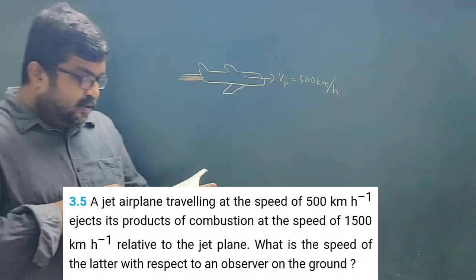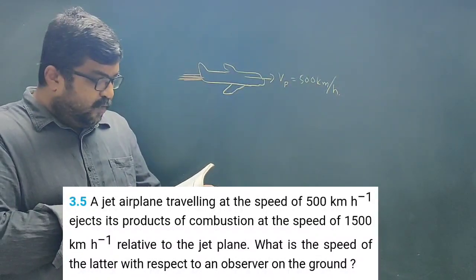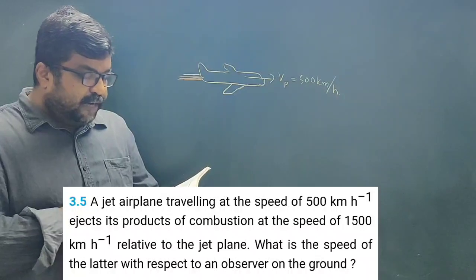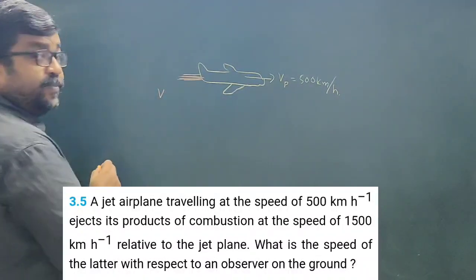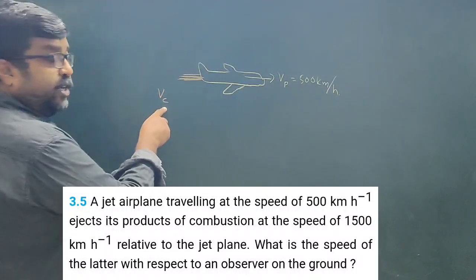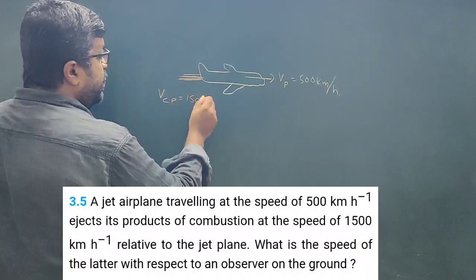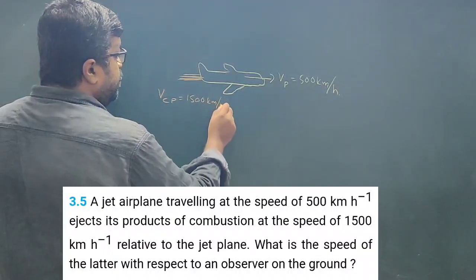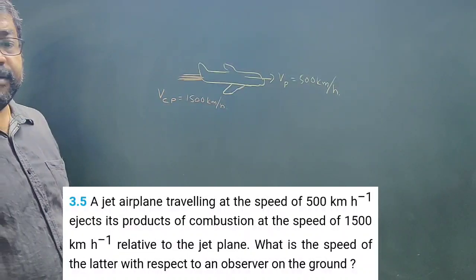Now this combustion product is coming out at a speed of 1500 km per hour relative to the plane. So that means the velocity of the combustion product with respect to the plane is 1500 km per hour, and it is moving in the opposite direction.